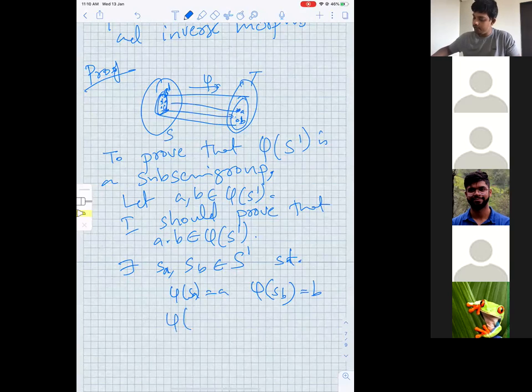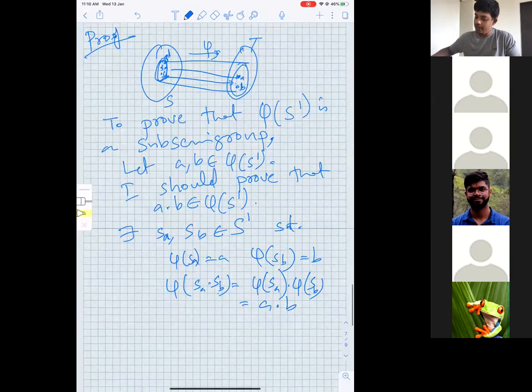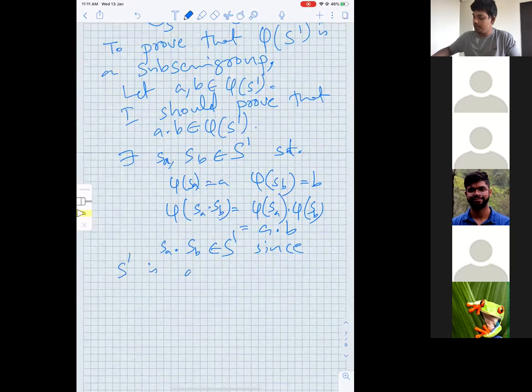Now, what will be phi of SA times SB? Because phi is a morphism, this will be phi of SA times phi of SB, and this is nothing but A dot B. And SA times SB is actually in S prime, since S prime is a subsemigroup.